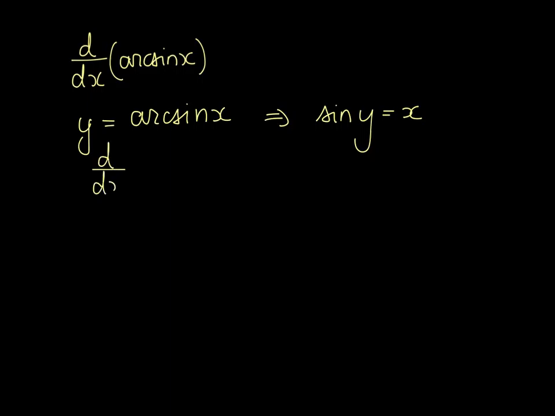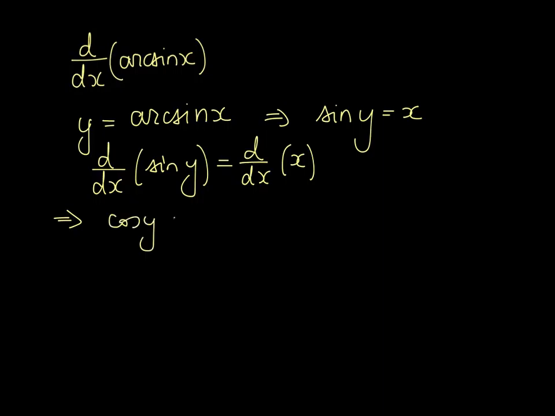So I get the derivative with respect to x of sine y is the derivative with respect to x of x. And now you can pause the movie and try to continue by yourself. So you should get cos y times the derivative with respect to x of y, chain rule, is 1. Therefore, dy by dx is 1 over cos y.